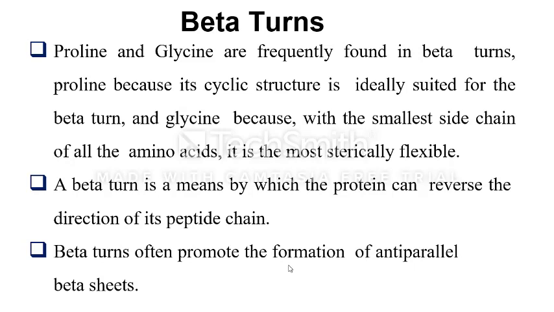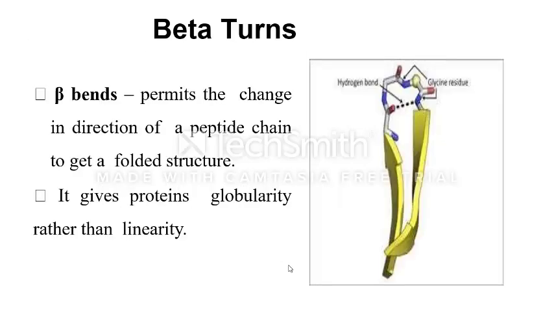A beta turn is a means by which the protein can reverse the direction of its peptide chain. Beta turns often promote the formation of anti-parallel beta sheets. So you see, the beta turn, that is beta bend, permits the change in the direction of the peptide chain to get a folded structure.